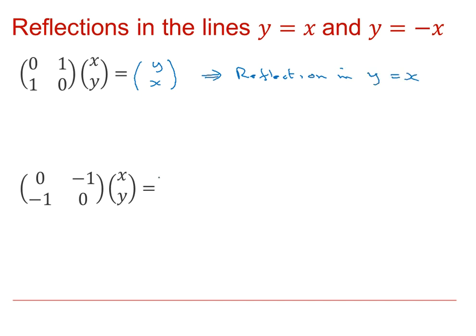And in this second case, (0, -1) times (x, y) is -y, (-1, 0) times (x, y) is -x. So x has moved to -y, y has moved to -x, and that represents a reflection in the line y equals -x.